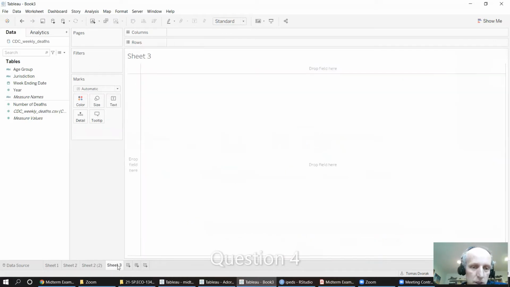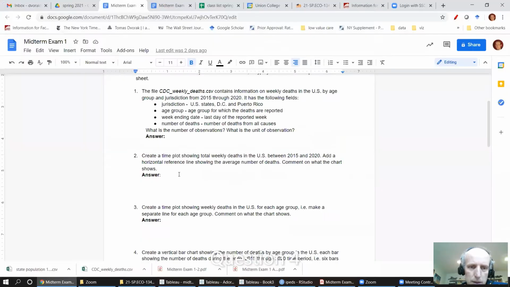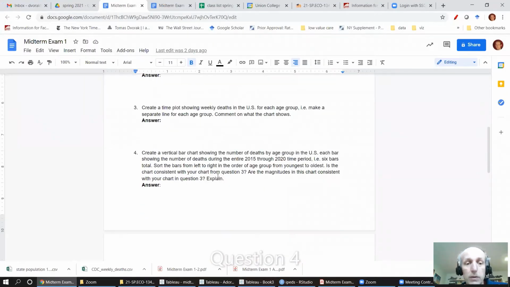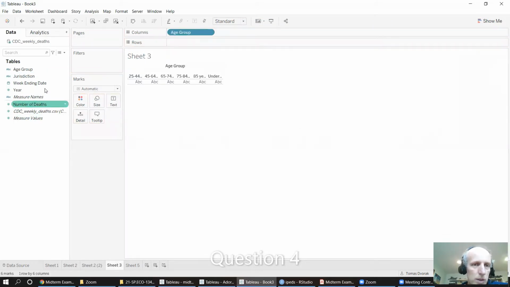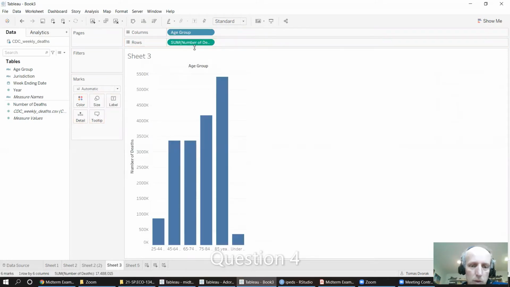And question 4, we are supposed to do, let's take a look, create a vertical bar showing the number of deaths by age group in the US and so on. Okay, so number of deaths by age group. So I'm going to put age group on columns, number of deaths on rows.